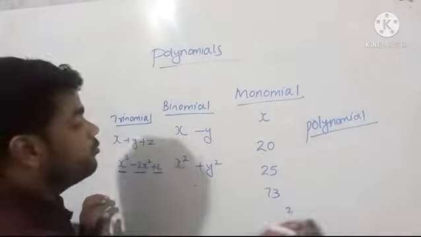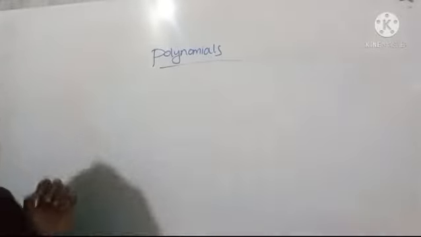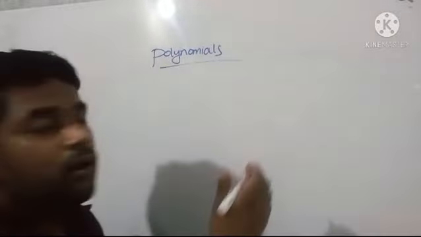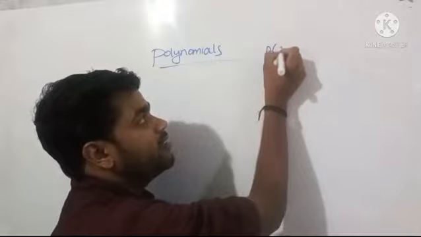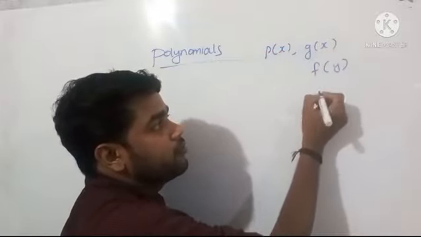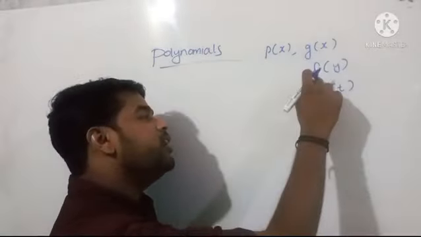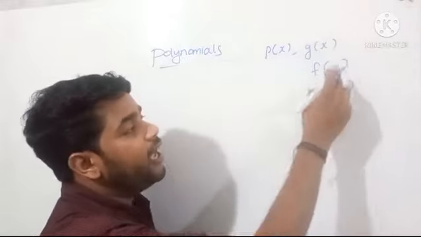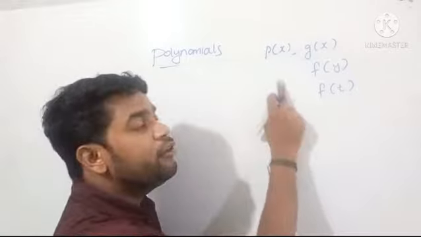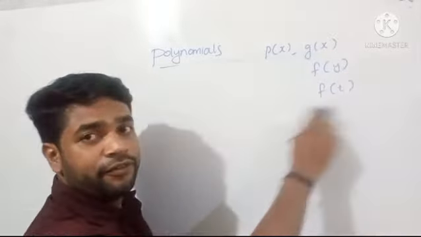Here we are considering the definition of a polynomial. A polynomial we call p of x, g of x, or f of y, f of t, depending upon the variable. If it depends upon y, we call it f of y, and if the variable is t, we call it f of t. So these are the namings of polynomials: f of x, g of x, f of y, and f of t.